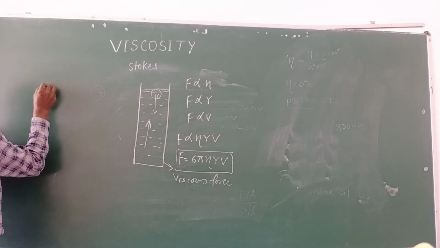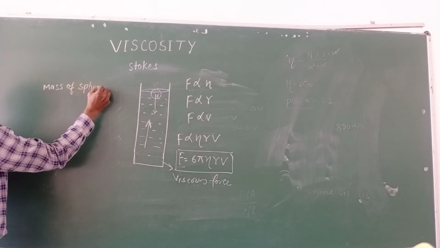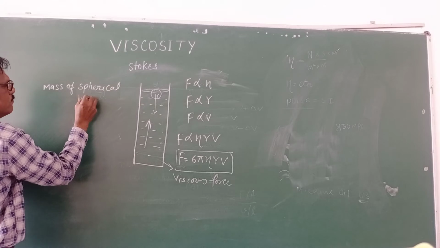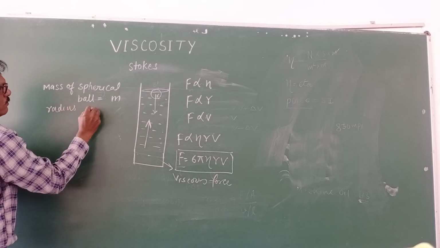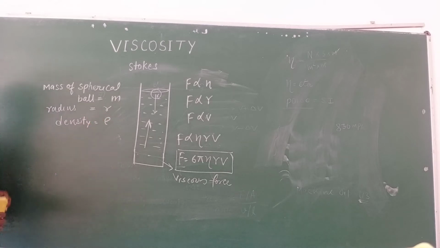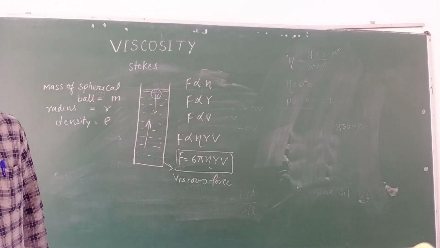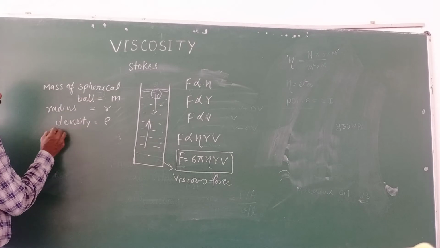The mass of the spherical ball is m, radius r, and the density of the steel ball is rho. So it will exert a downward force.